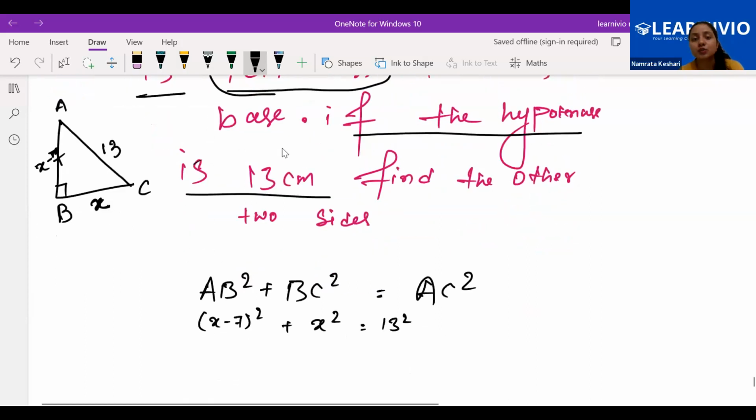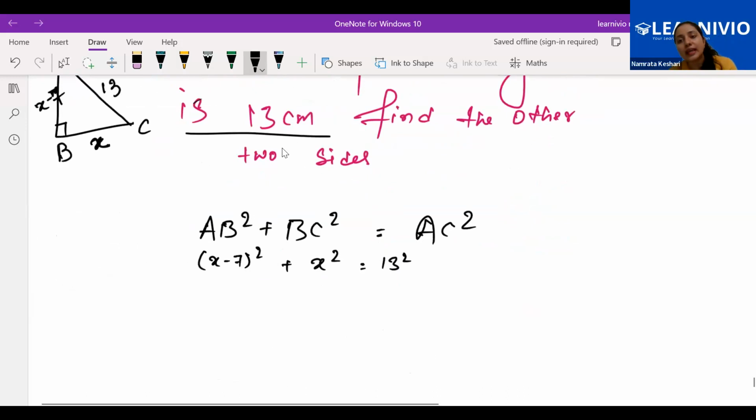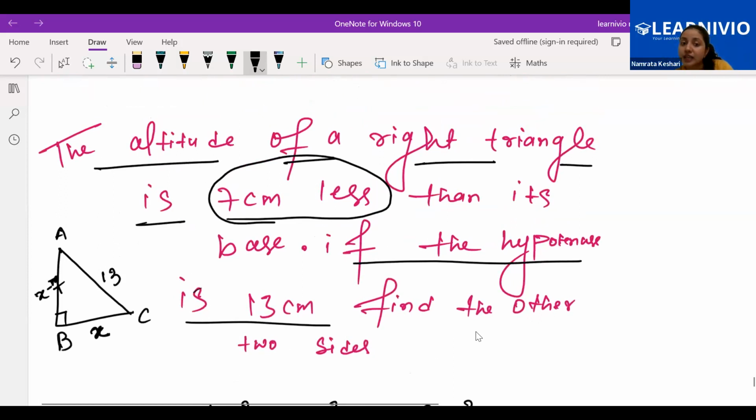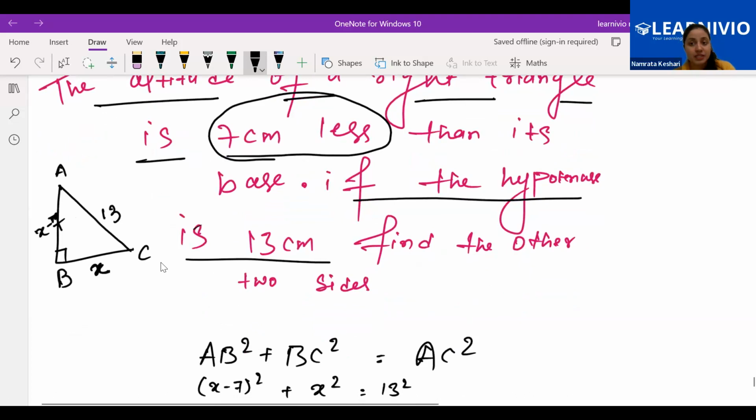Now, once you do the simplification over here, you will get a quadratic equation. From there, what you have to find? x value. Be careful, every time you will be getting two different x values or maybe two same x values, whatever. But after that, you have to go back and see what the question is asking. It is asking to find the other two sides. So we have to find AB, we have to find BC.